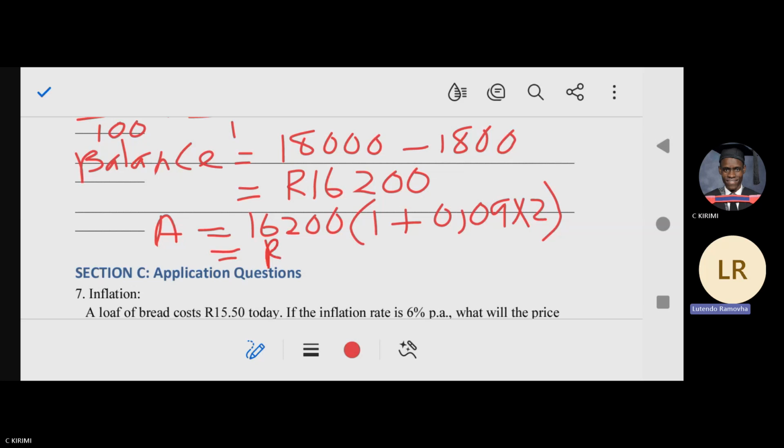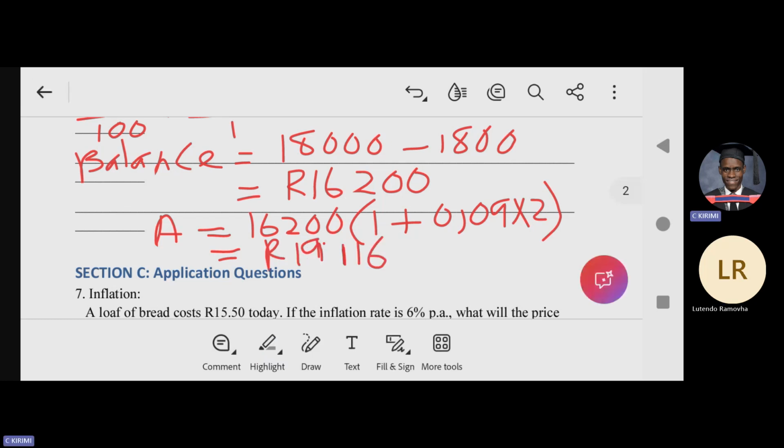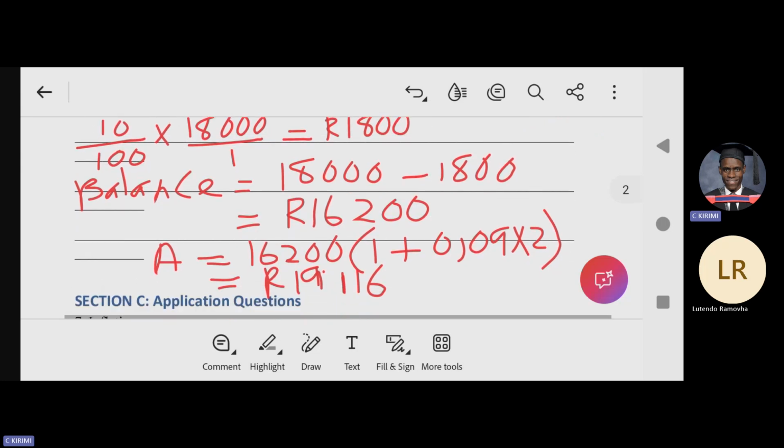Sorry, 19,116 rands. What was the mistake? I didn't write 16,200. I wrote 16,000. Okay, so that is our final amount which must be paid in 2 years.